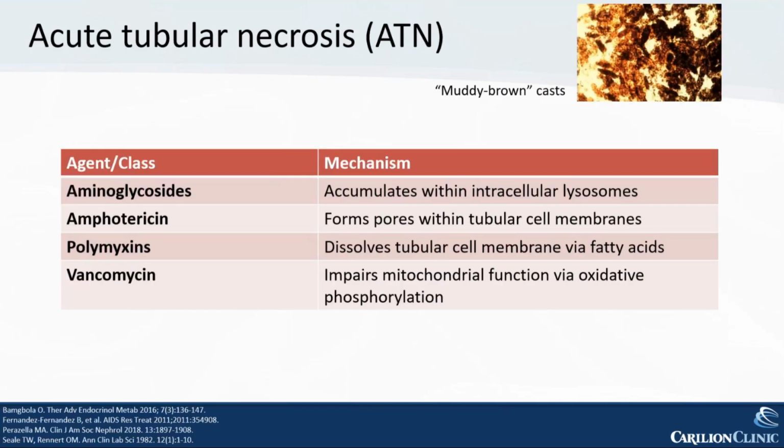So for ATN, some of our classic agents that can cause ATN will be potentially aminoglycosides, amphotericin, polymyxins, and vancomycin. All have the association with some sort of acute tubular necrosis.